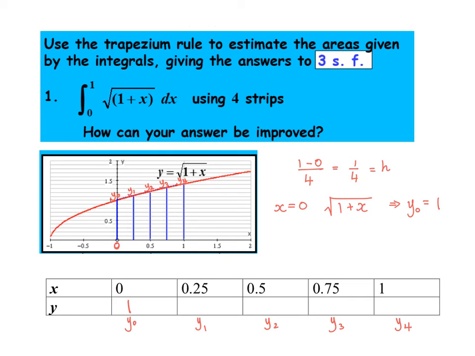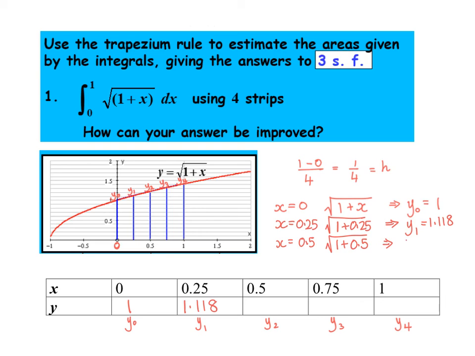If we do that in the same way, then we'll substitute in x equals 0.25. We get the square root of 1 plus 0.25, and we'll get y1 is equal to 1.118. So 1.118 goes in here. When x is equal to 0.5, we substitute it into the square root of 1 plus x.